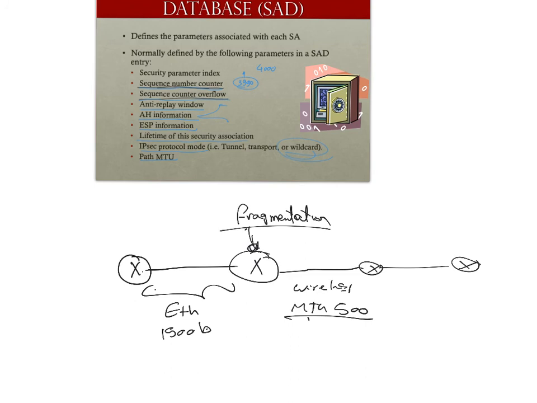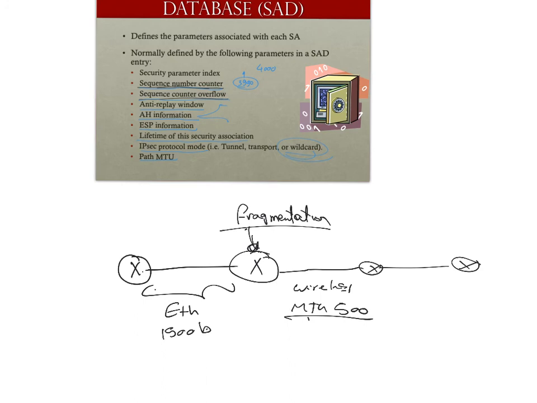We have to divide a big packet into smaller fragments. And each fragment is going to have a certain identifier which points to the right order, and so on. So in IP, fragmentation is supported. It's part of the protocol.